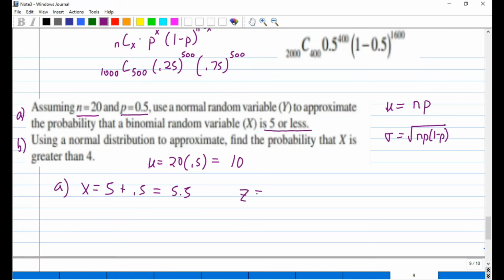So z equals x, which is 5.5, minus mu, which is 10, divided by sigma, which I haven't found. So let's find that real quick. Sigma equals the square root of 20 times 0.5 times 0.5, because 1 minus 0.5 is 0.5.